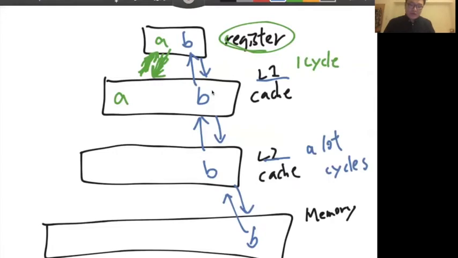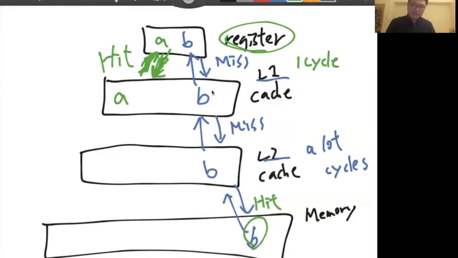When we get the data, we call it a hit. If we do not find the data, we call it a miss. So this is a miss, and this is a hit, because we got the data inside the memory. A cache hit means we want to access the data in the cache, and the data is already in the cache.